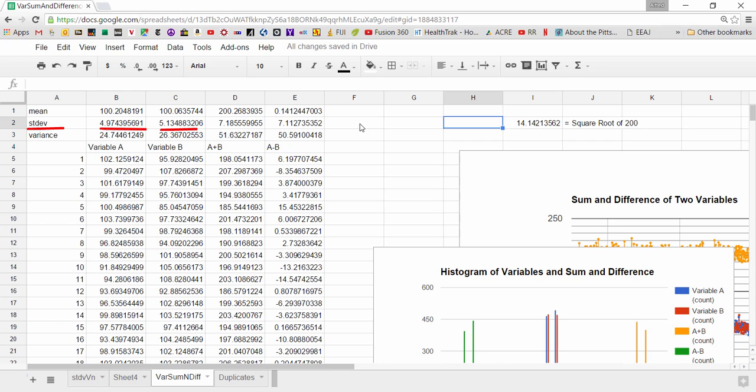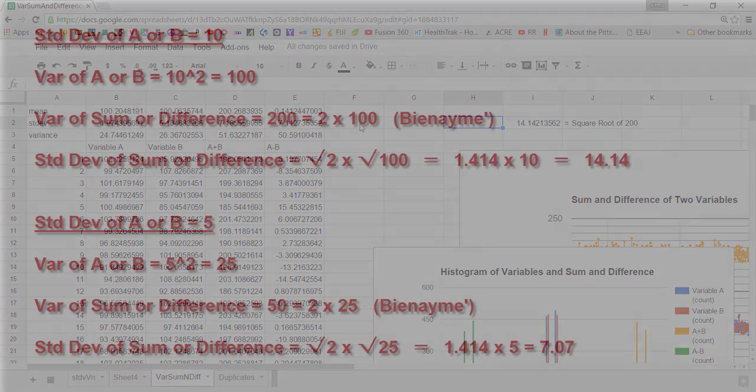And 5 is the square root of a variance of 25, whereas 7 point something is the square root of a variance of 50. And once again, Bienaymé's formula tells us to expect a variance of 50 if we add or subtract two numbers that each have a variance of 25.